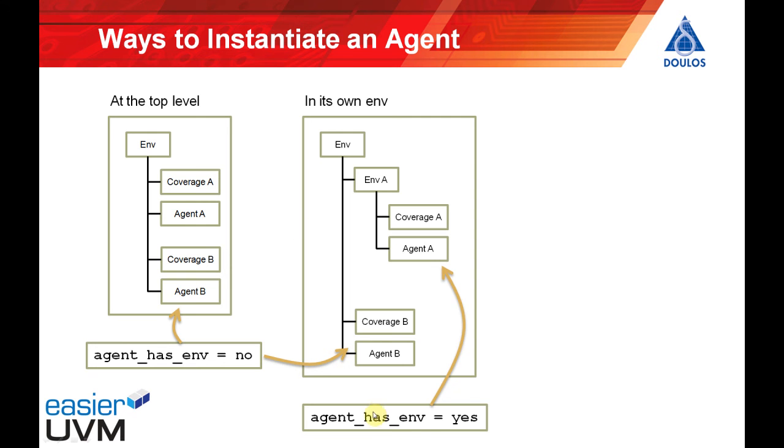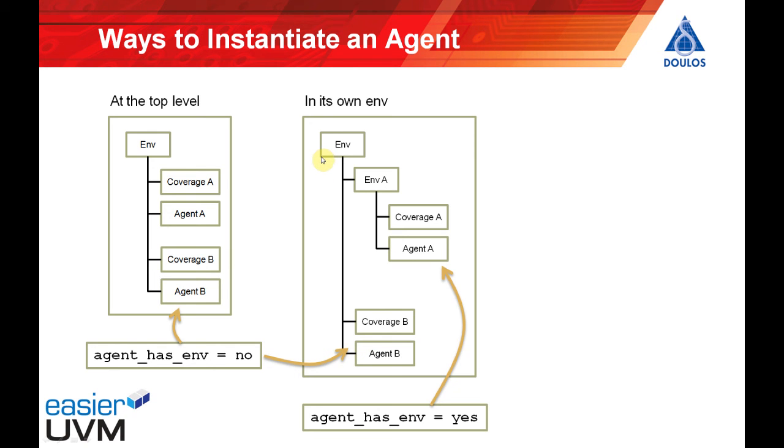The second choice is to set agent has env equals yes, and you can mix and match. So in this second example in the middle column here, agent A is instantiated within its own env. We've got agent has env equals yes. Agent B has agent has env equals no, so agent B is instantiated directly below the top level env.